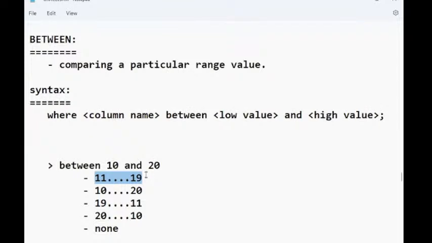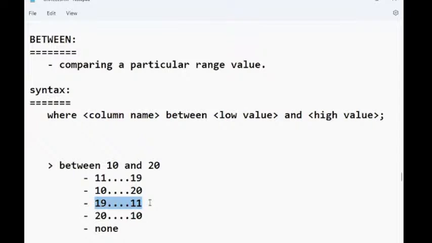Okay, maximum people. Anybody expected 19 to 11?